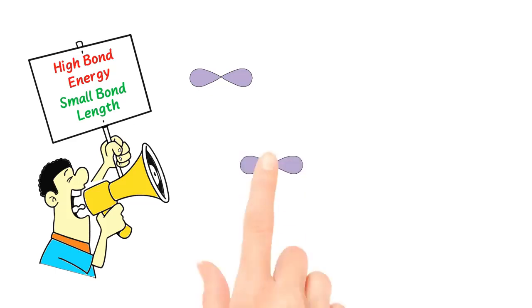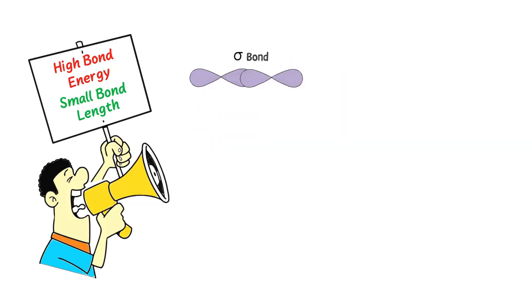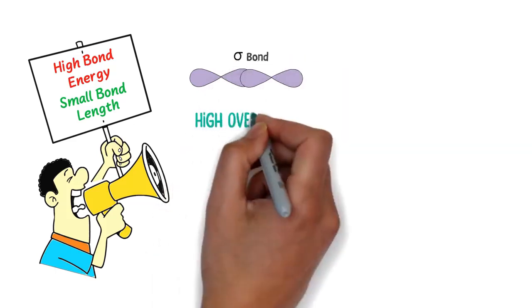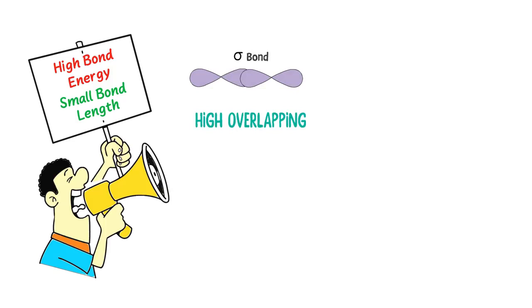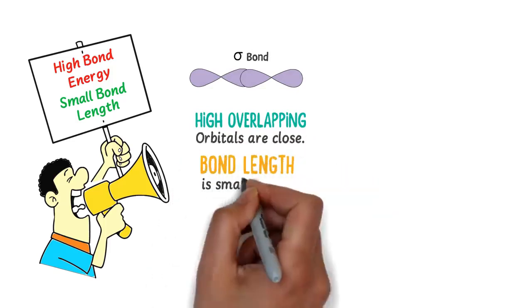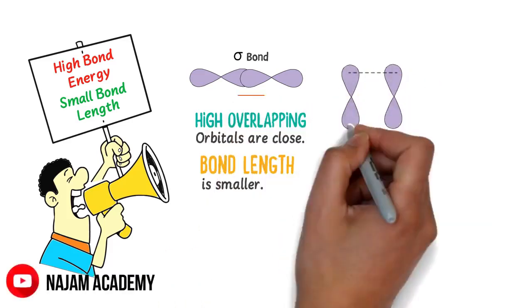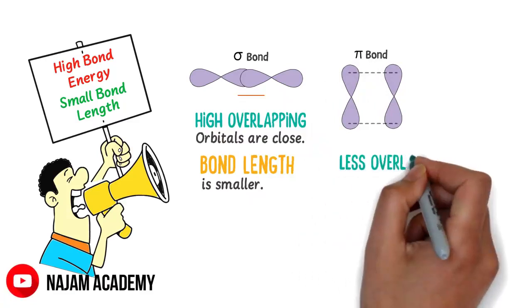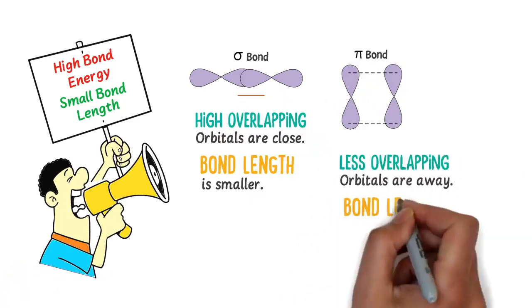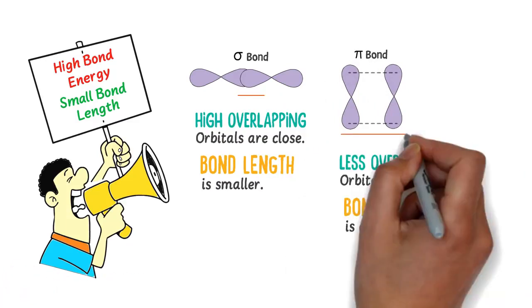For example, in case of sigma bond of pp orbitals, there is high overlapping, hence both the p orbitals are close to each other and the bond length is smaller. While in the case of pi bond of pp orbitals, both the p orbitals are away from each other and the bond length is greater.